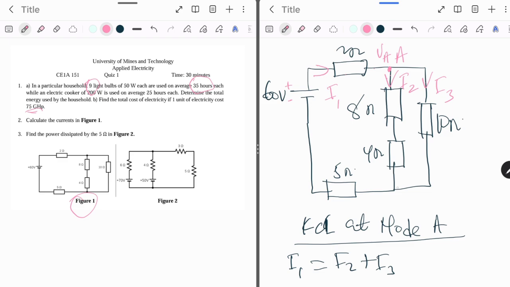Then the bottom node here, let's label it node B, we are going to ground it, and then the voltage at node B, because it's been grounded, is going to be 0. So we express the currents in terms of VA.